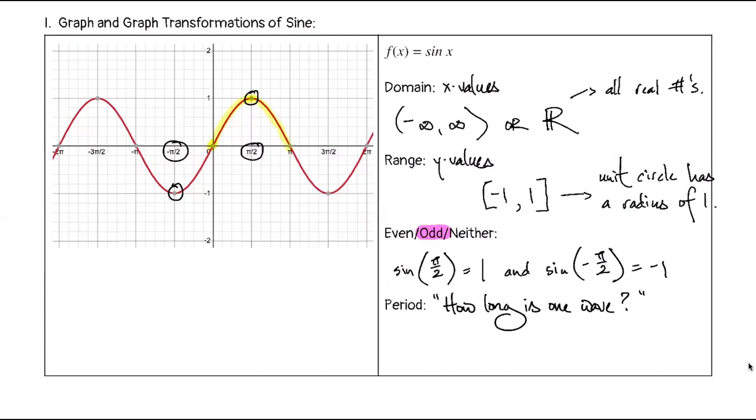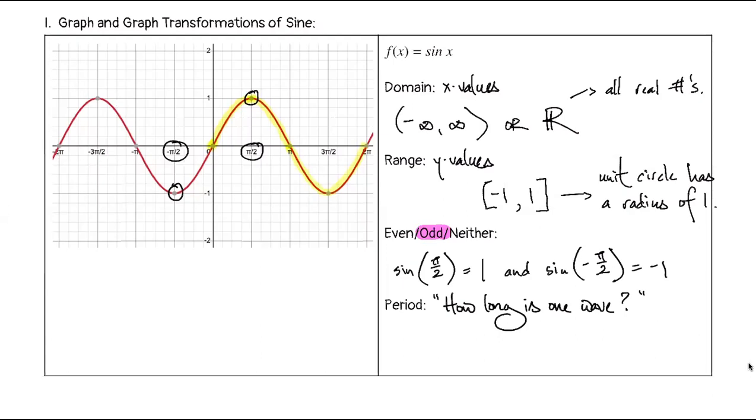I would say maybe that's part of a wave, but I'm missing all of the negative values, right? A wave should mean you get every value that comes out of there, meaning all the positive values and all the negative values. And so if I keep drawing, now I've got one wave, okay?